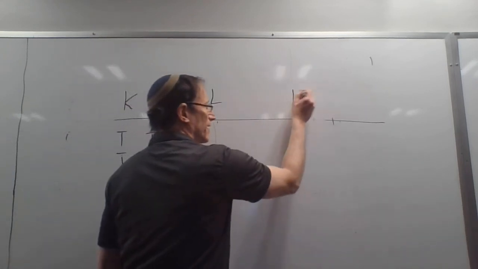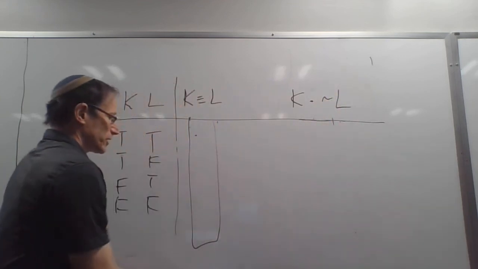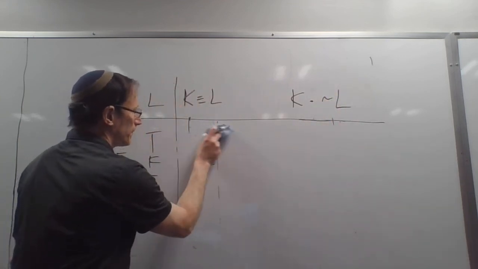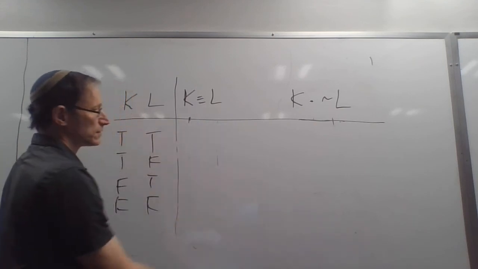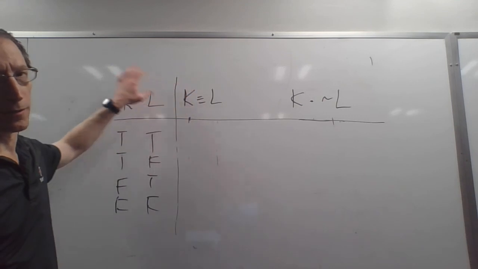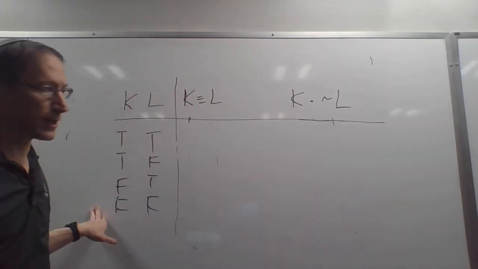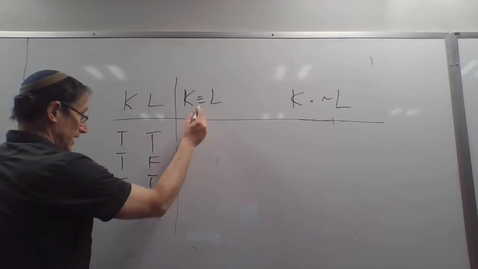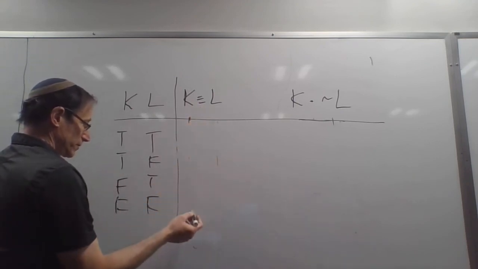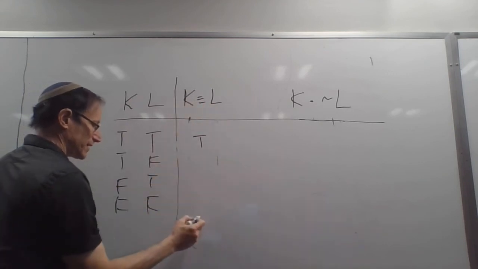K dot not L. Okay, again, to illustrate that these are inconsistent, we put them on the same row over here, list the components, K and L. These are the possibilities for K and L. K biconditional L is going to be true when the value of K and L are the same.